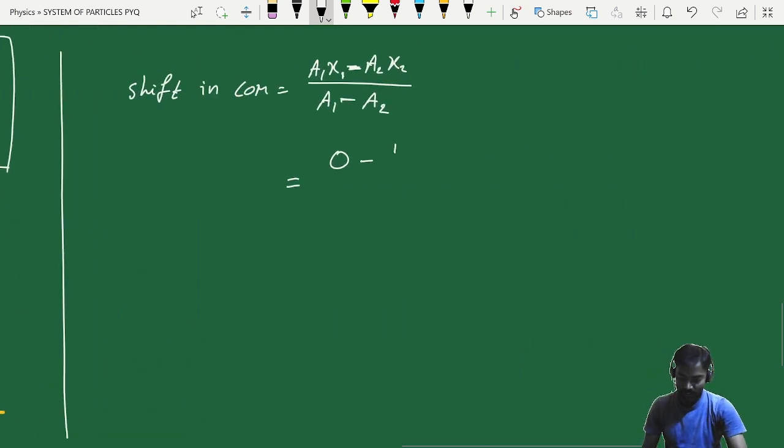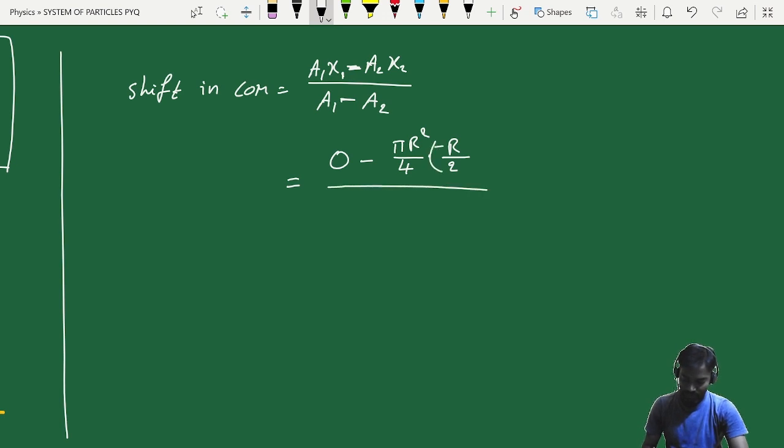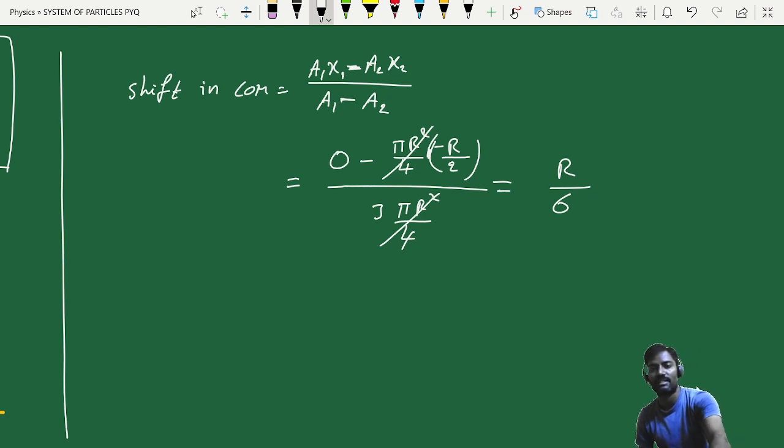So 0 minus area of the removed part, pi r square by 4, into its position r by 2, divided by, that is minus r by 2, no? So you can use the symbols. A1 minus A2, that is 3 pi r square by 4. Pi r square by 4 cancels, and r by 6 you will be getting. So in both the cases you will be getting the same result.